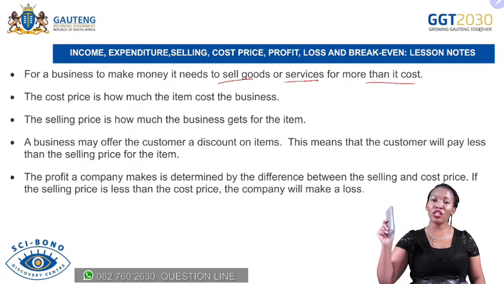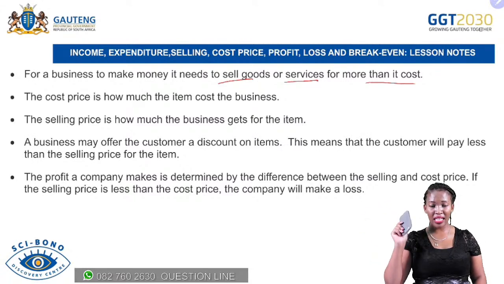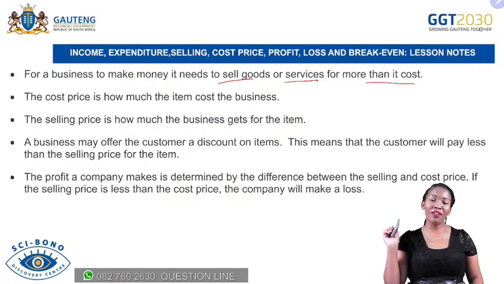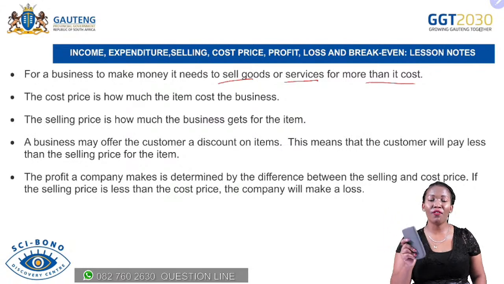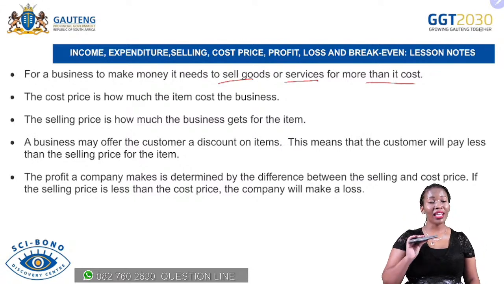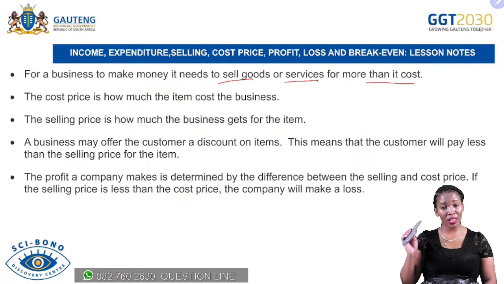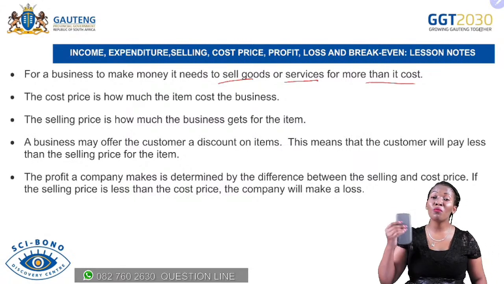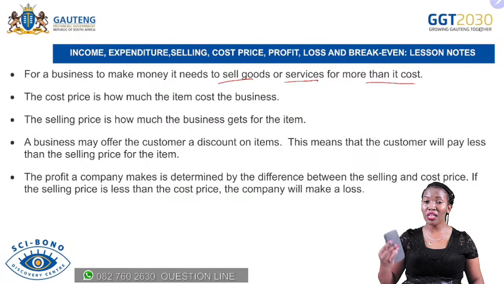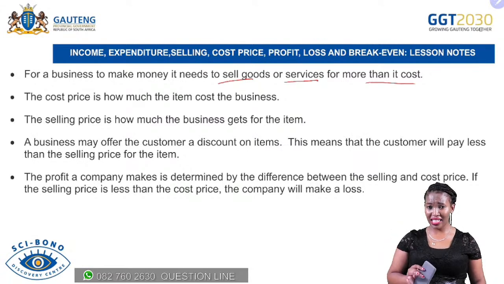If where I stock these calculators, I stock them, let's say, for 50 rands a calculator, then unfortunately I cannot sell this calculator for 50 rand or for anything less than that. It means whatever money that I'm going to charge on this calculator, it has to be more than 50 rands for me to be able to make profit. I hope you guys understand that.